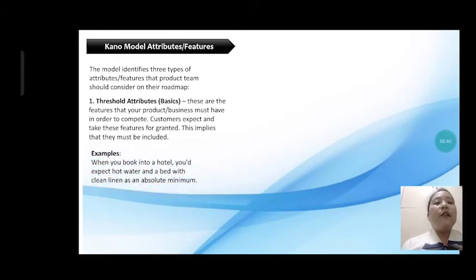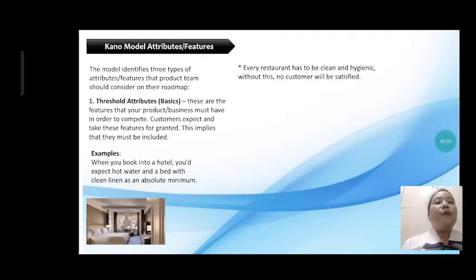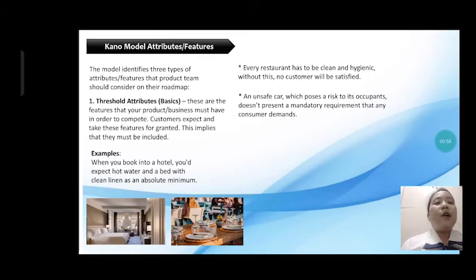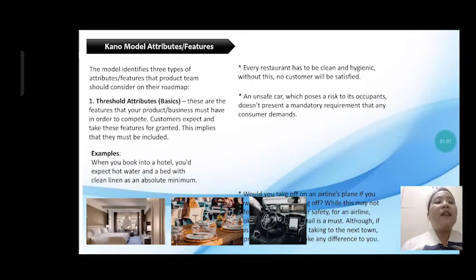Examples: when you book into a hotel, you'd expect hot water and a bed with clean linen as an absolute minimum. Every restaurant has to be clean and hygienic. Without this, no customer will be satisfied. An unsafe car which poses a risk to its occupants doesn't present a mandatory requirement that any consumer demands.